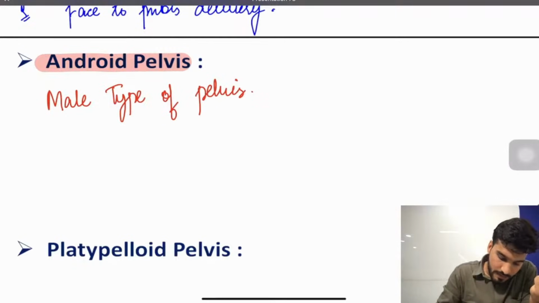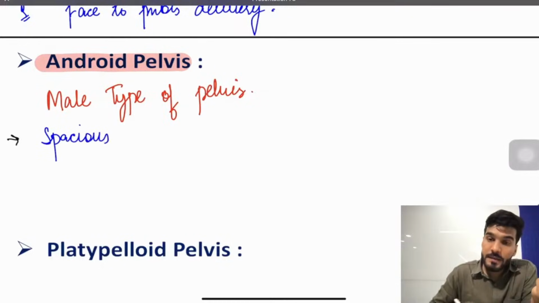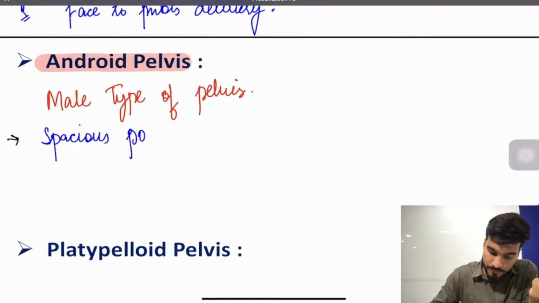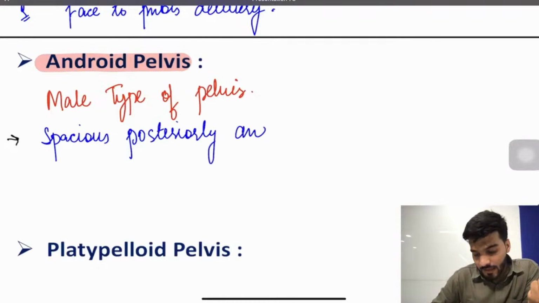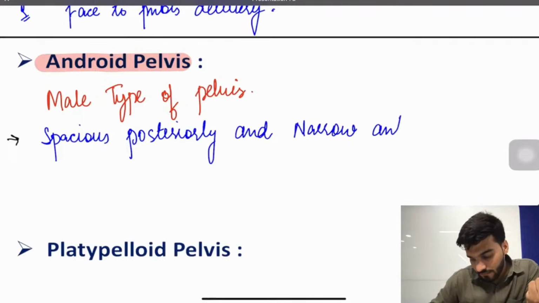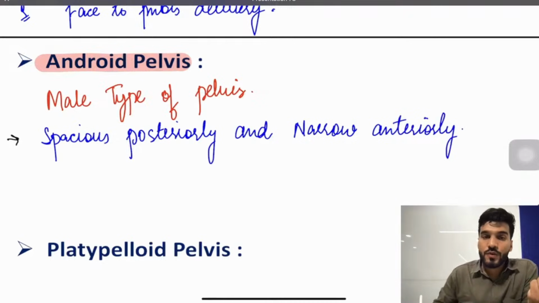Number one, this type of pelvis is spacious posteriorly and narrow anteriorly.